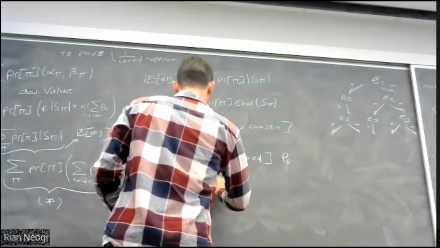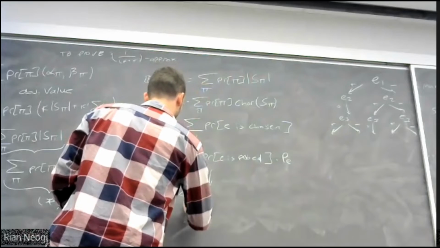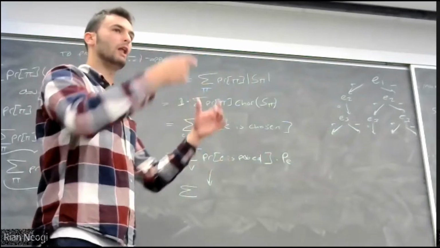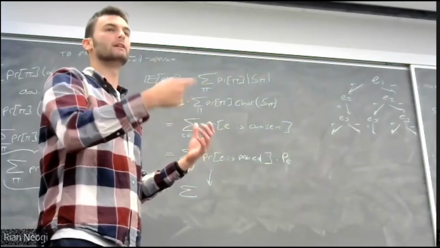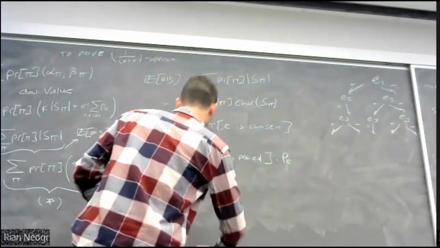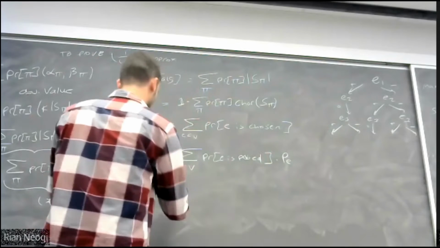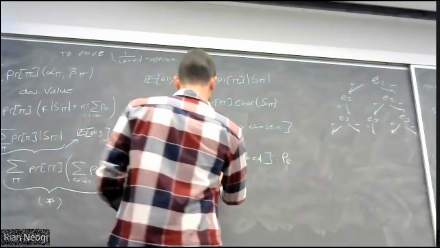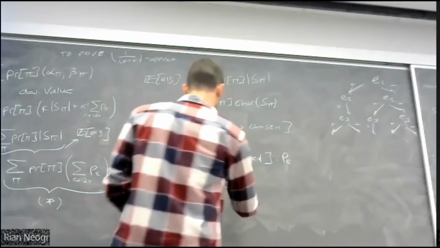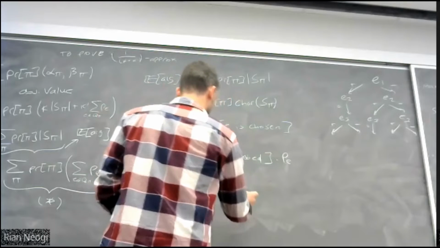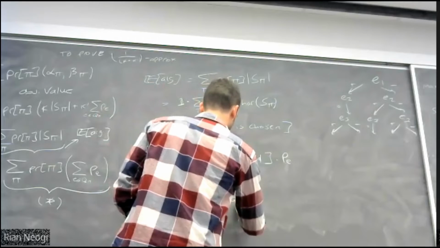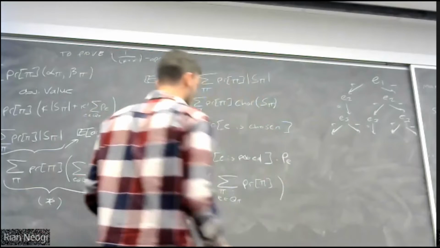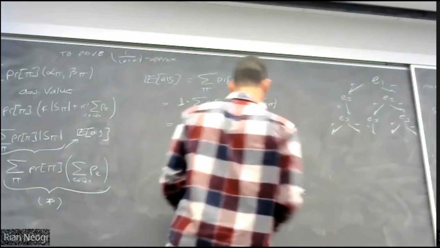The probability that E is probed, I can write as the sum over all possible outcomes pi such that E is probed by this outcome pi, probability of pi, and then times p_E.